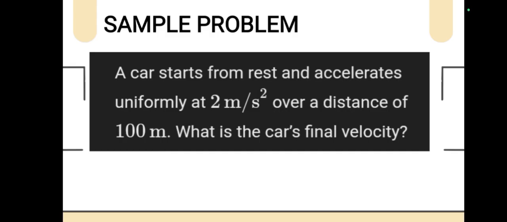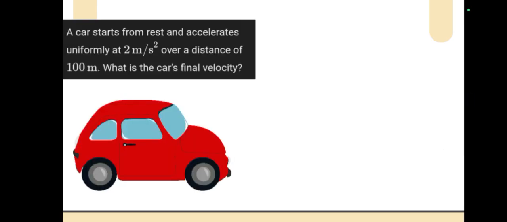So after we read the problem and familiarize ourselves with it, the next step in order for us to clearly come up with a solution is to visualize the scenario of the problem. So I have here a car which starts from rest, and that means the Vi is 0.